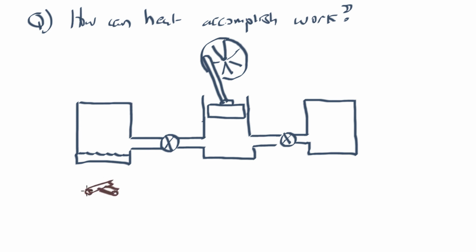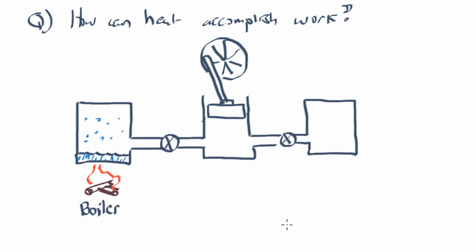This could be coal or some other means of generating fire. So I'll draw a little fire right here. That is able to heat up the water that is in this chamber. And when that is heated up, it produces steam. This chamber over here we'll refer to as the boiler.